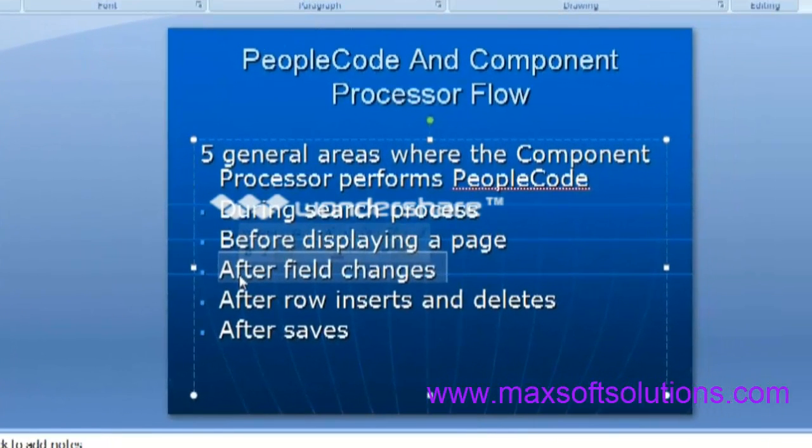After field changes, that means once you change the country field and come out of it, if you are not giving a valid country, I want to fire the code error: please enter a valid country. After row inserts and row deletes, maybe at the time of row insert or row delete, I am giving a warning to my user: you are deleting a row, please confirm it once. Yes, it's PeopleCode.